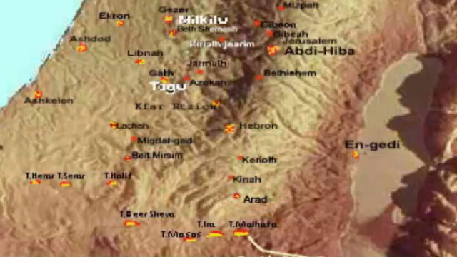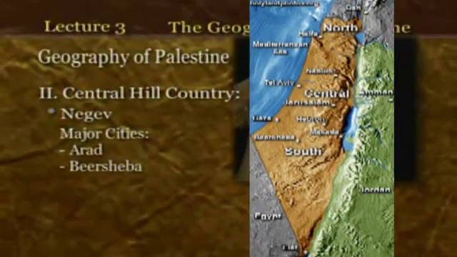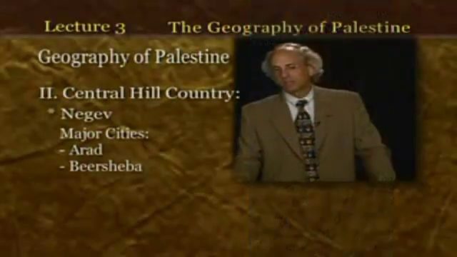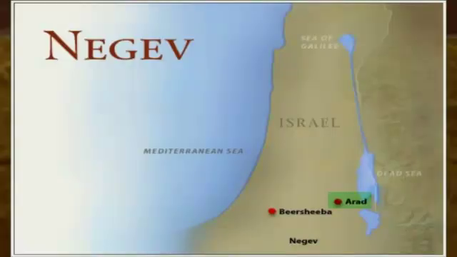It guarded actually the entrance from the Negev into this southern hill country of Judah and Hebron and Jerusalem, and it guarded an access from the south into Jerusalem. And so it was an important outpost, but it was a small fortress.